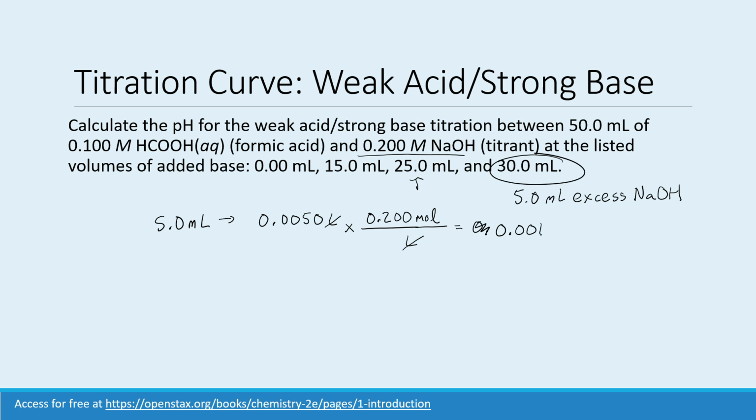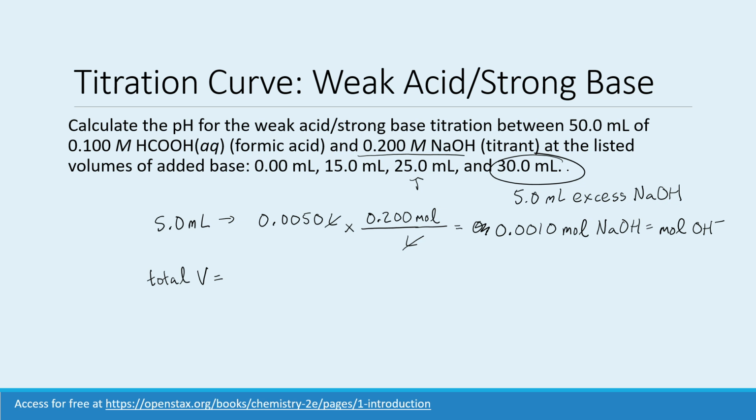So I'll just rewrite that: 0.001 moles of sodium hydroxide. And of course, that tells us the amount of moles that we have of the hydroxide ion. But to plug that in for pOH, we've got to have it in concentration. And so we'll take that mole of sodium hydroxide and divide by the new volume.